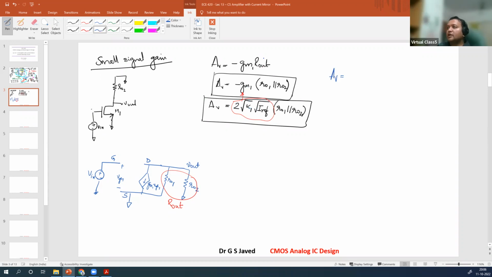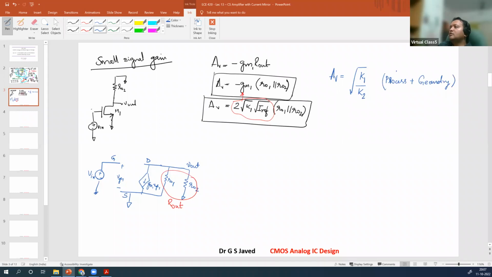In case you do not have an equivalent circuit, you have a different circuit, you will get the gain to be a ratio of K1 over K2, which is going to be the process conditions, process plus geometry.